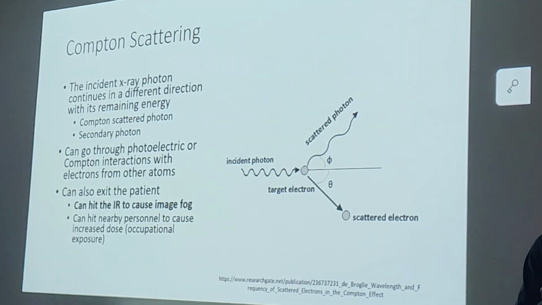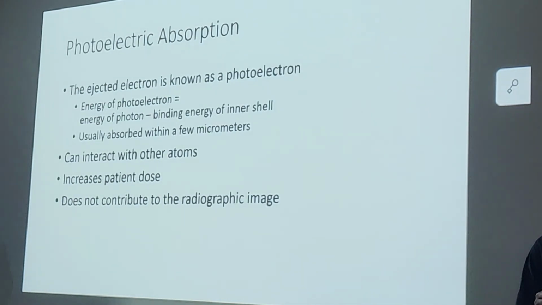Which orbital electron? The one near the nucleus. Okay, so the inner shell electron leaves. Very good. What do we call that inner shell electron once it leaves? That's right, that is our photoelectron, the ejected electron.